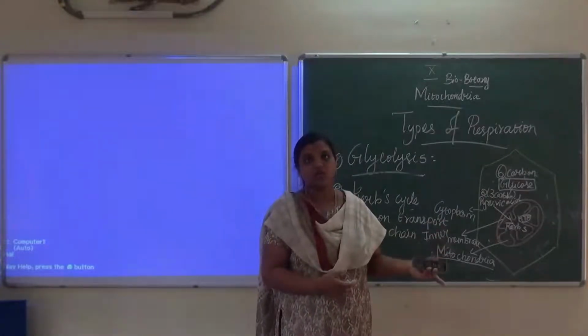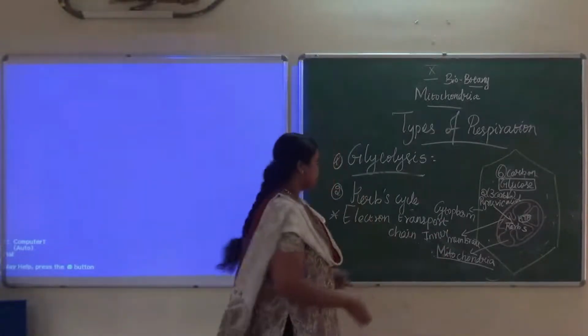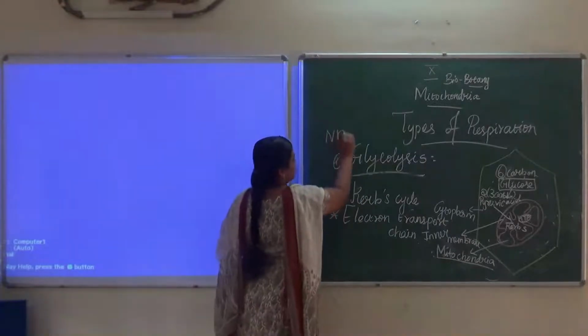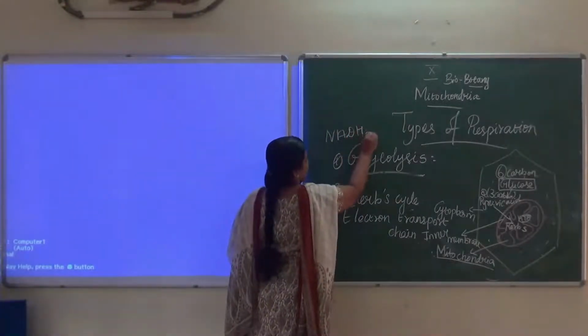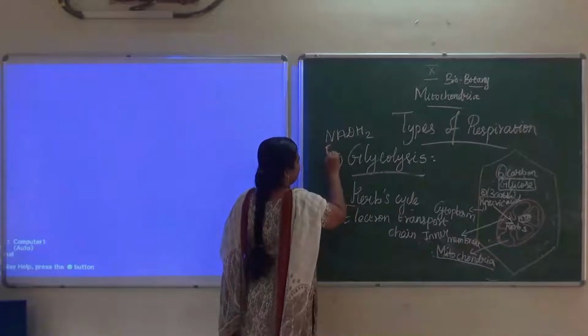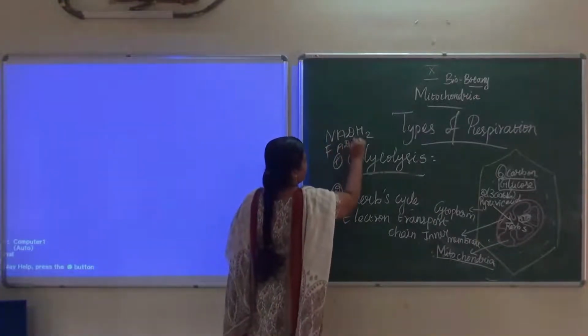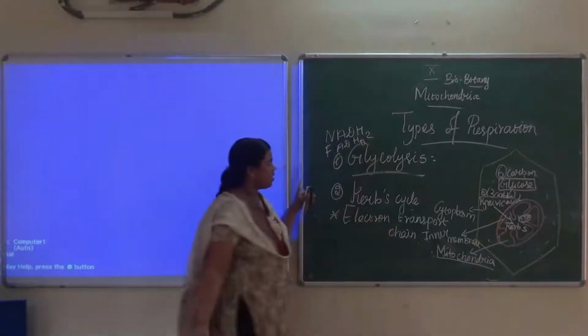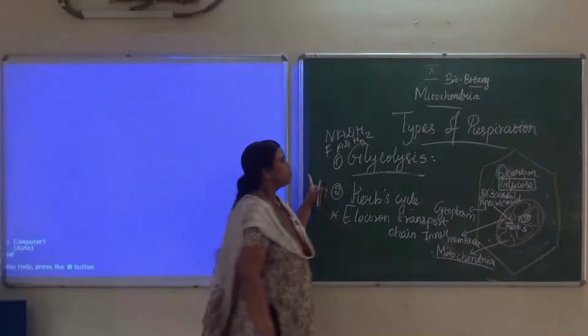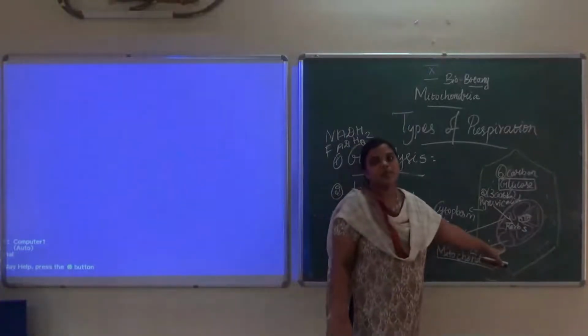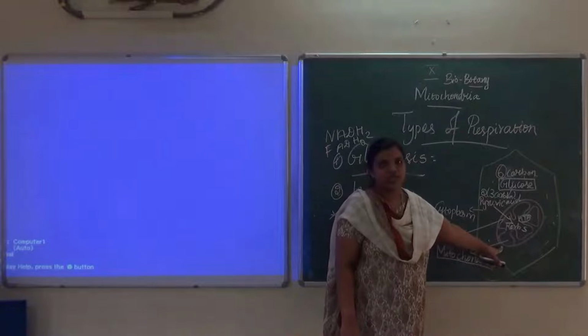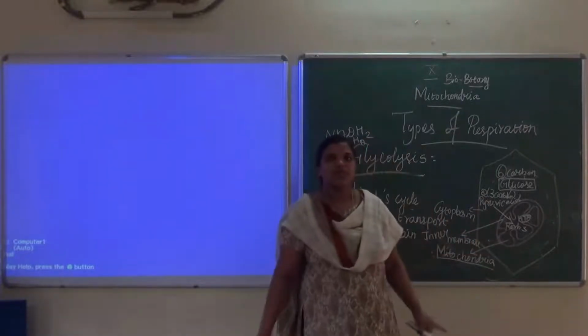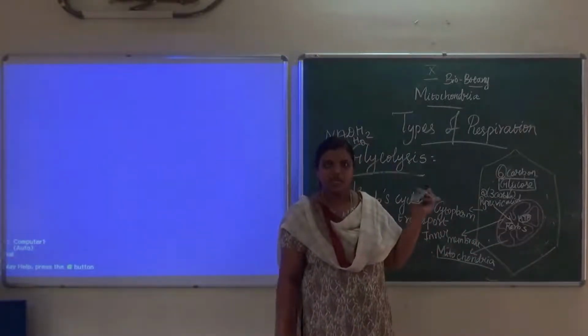The Krebs cycle produces so much NADH2 and FADH2. The NADH2 and FADH2 carry their electrons to the inner membrane.